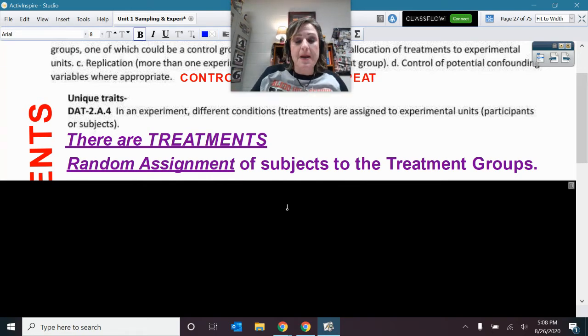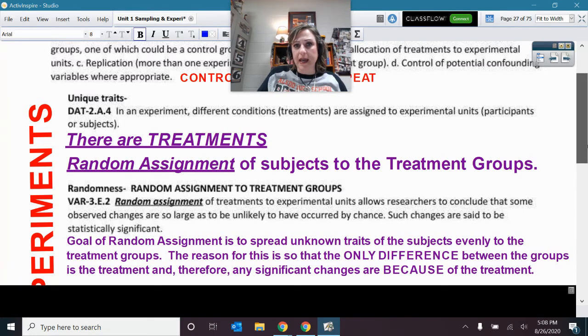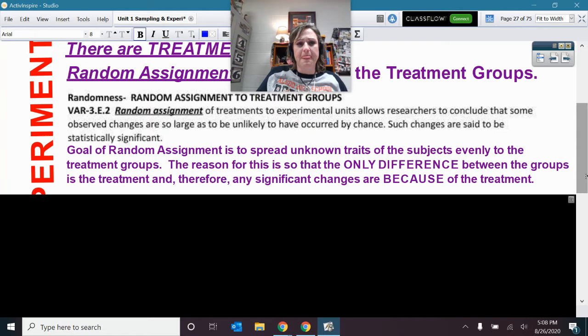It's very important, because look at what this random assignment is doing. When you are doing that random assignment to the treatment groups, you're hoping to distribute or spread out any unknown traits: hair color, eyes, weight, blood pressure, family genetics, whatever.